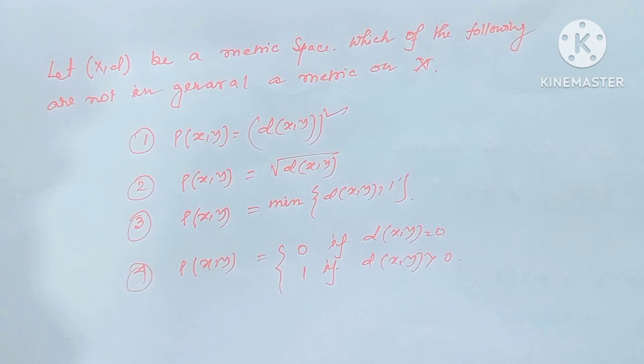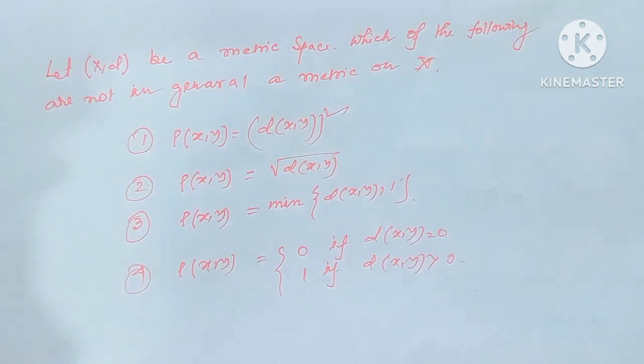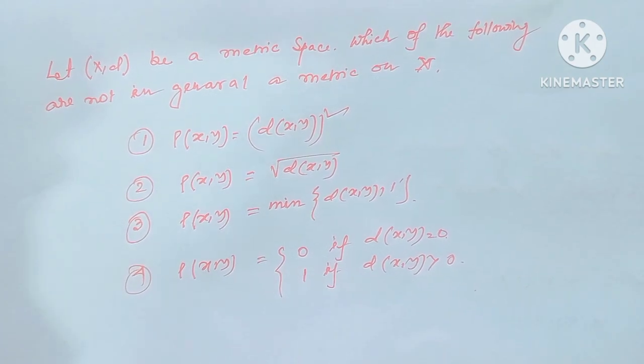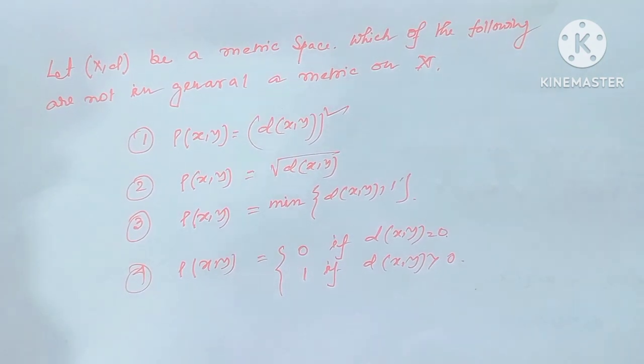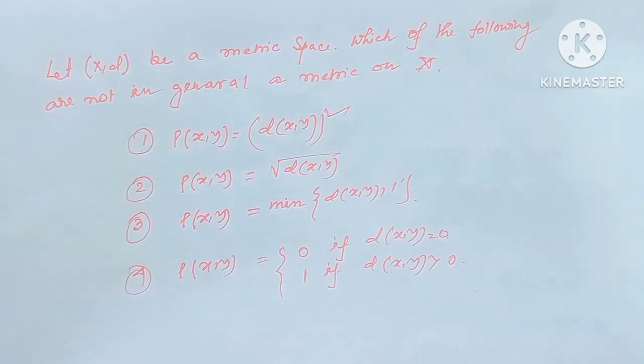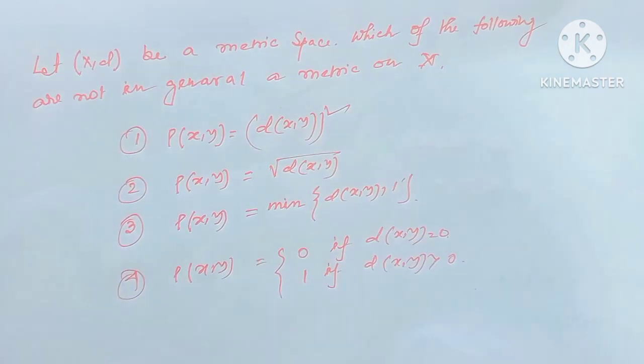Option 2, rho of xy equal to square root of d of xy. Option 3, rho of xy equal to the minimum of the set d of xy and 1. Option 4, rho of xy equal to 0 when d of xy equal to 0, and 1 if d of xy is not equal to 0. Here the question is, which of the following are not in general a metric space?